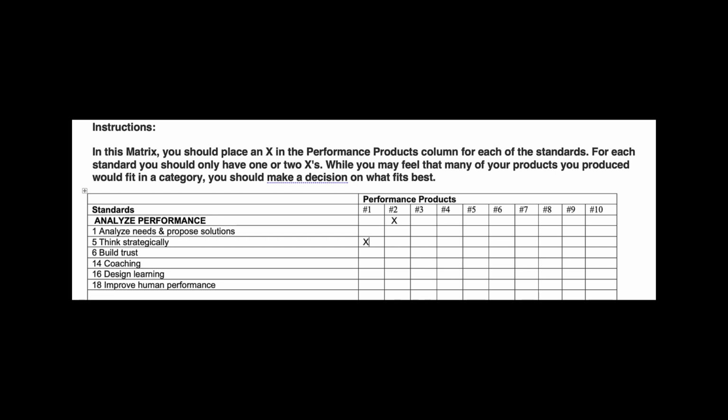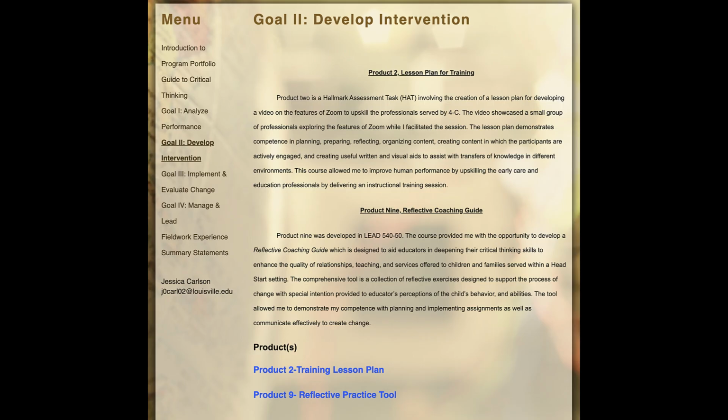Next, you will complete a product matrix identifying the 10 best products from your program, usually the hats for each course. You then identify the category of performance where it best fits into the product matrix. You now have a complete reflection of your entire program. And finally, you will add the actual files of these 10 best products with an explanation to your portfolio, including the products you produced for your fieldwork.